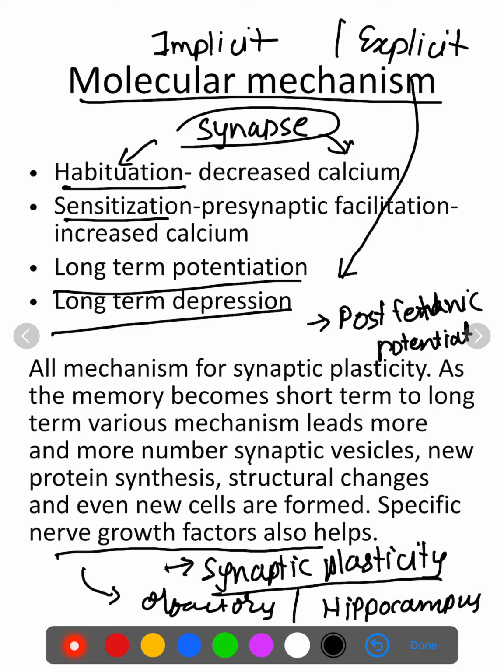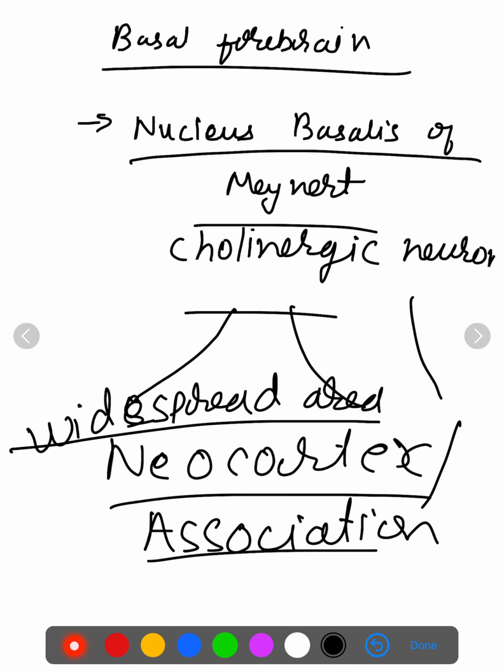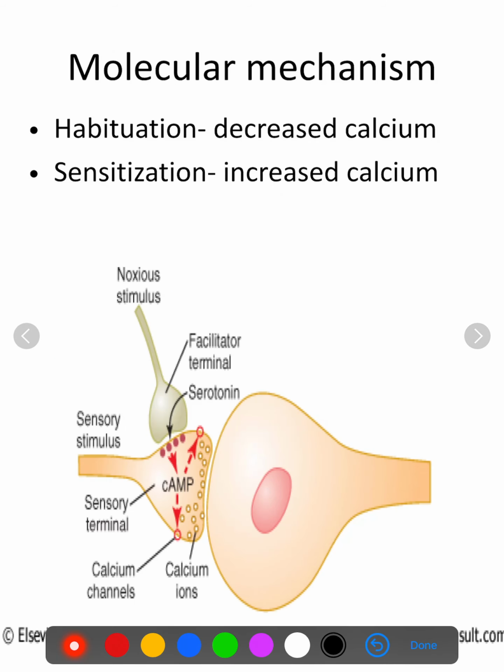These are in general the various changes which are occurring. Now we will study the two mechanisms, long-term potentiation and long-term depression, in detail, how exactly they are occurring.